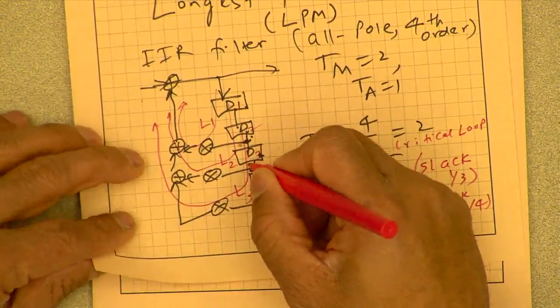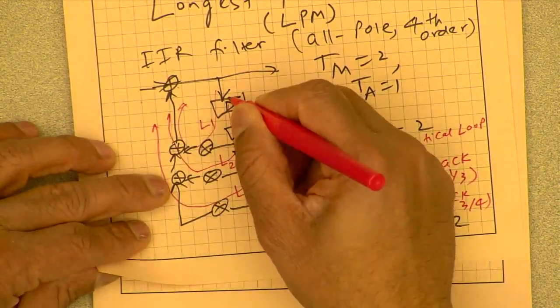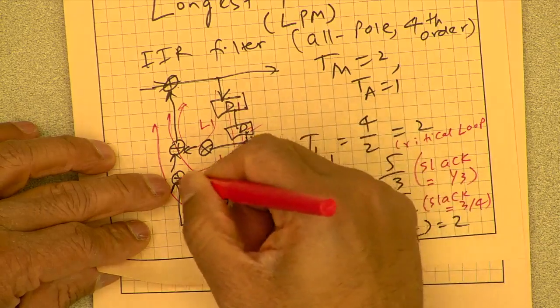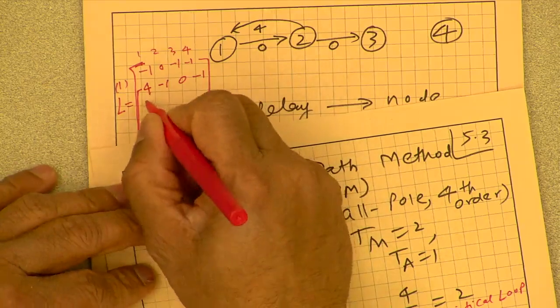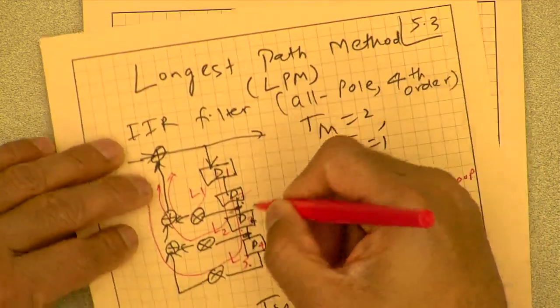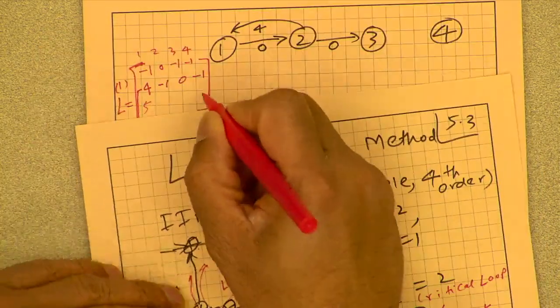If we are at 3, I can go to 1 and I can go to 4. 2 plus 3, 5. So 3 to 1 is 5 and 3 to 4 is 0.